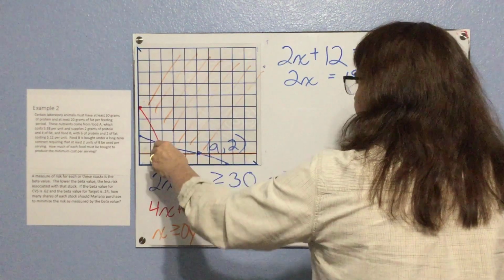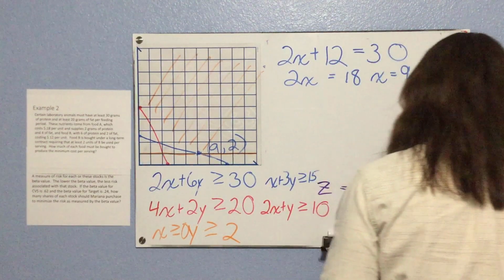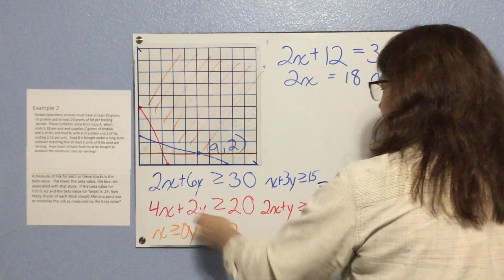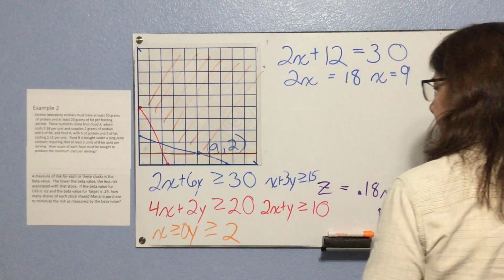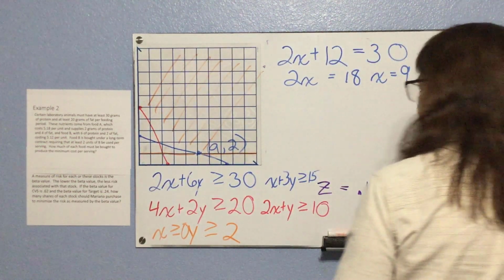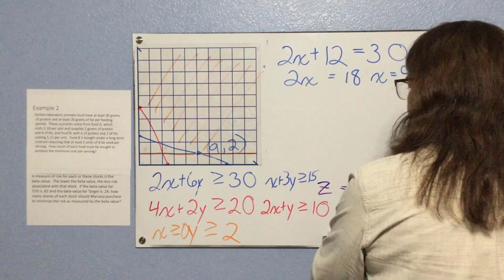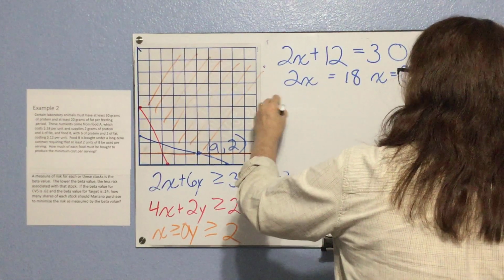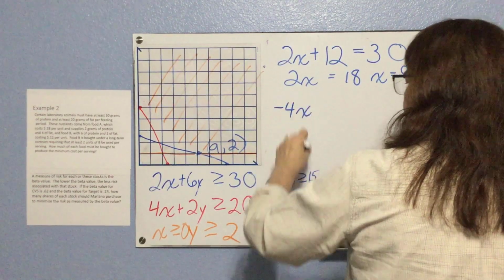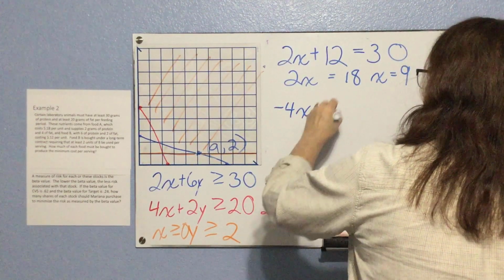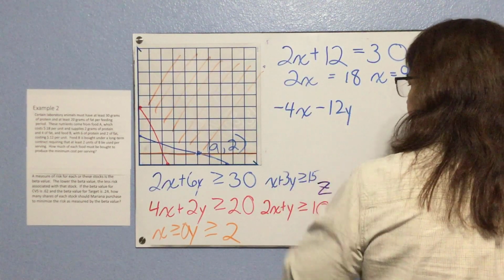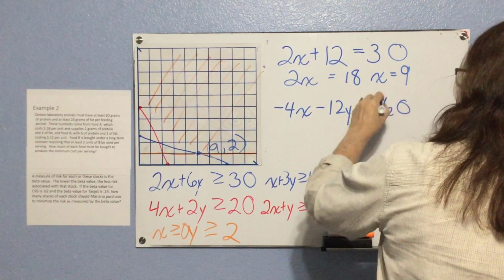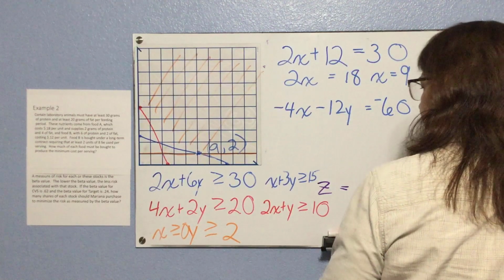Okay, for this point, I need to look at the red and the blue inequalities together. And I'm going to take that blue inequality and multiply it by -2. I have negative 4x minus 12y and negative 60.